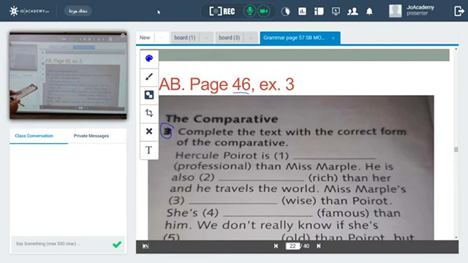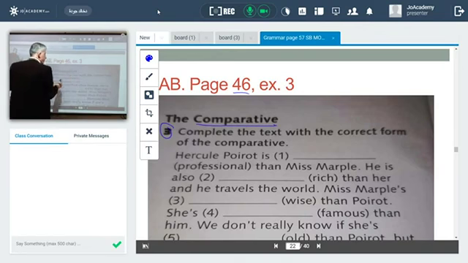These are 6 adjectives. And here we are asked to use what? We are asked to use the comparative form, not the superlative. We have to concentrate on the comparative form.